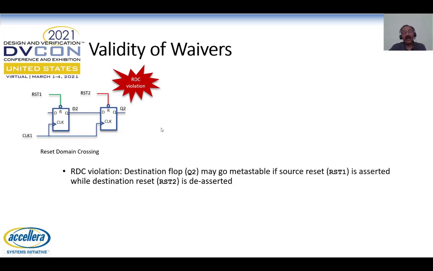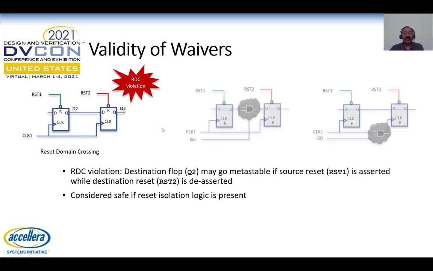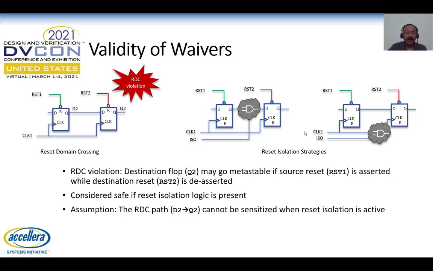Now, there are different strategies which are applied to avoid this kind of metastability scenarios in the design. Some of them try to gate the data crossing between the source and the destination flop, and in some cases, the clock to the destination flop is gated. But in all these kind of strategies, there is one underlying assumption that when the reset isolation logic is active, then the data path, the RDC path between the source and the destination flop cannot be sensitized.